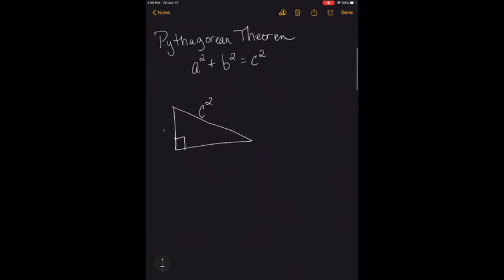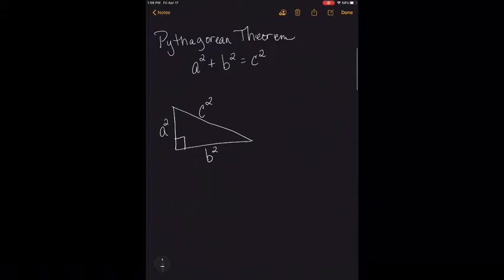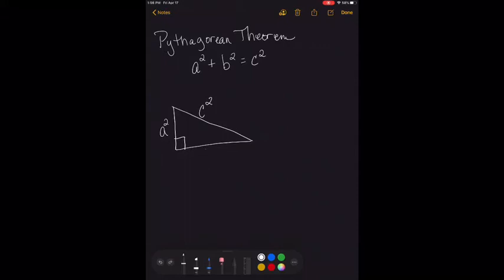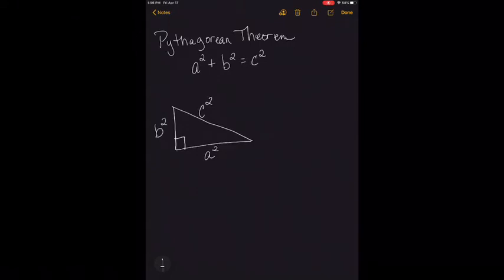So here's the Pythagorean theorem: a squared plus b squared equals c squared. So you could say this is a and this is b, but it doesn't really matter which one is a, which one is b, because we can reverse them. We can say, well, I want that to be b squared and this to be a squared. That's fine, right? Because addition is commutative and order doesn't matter.